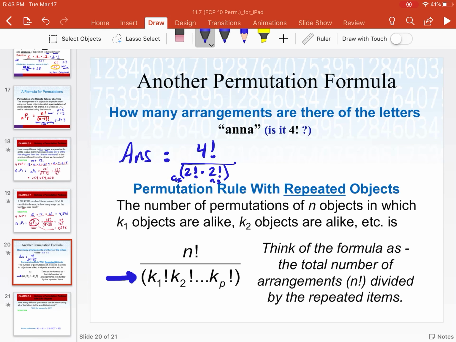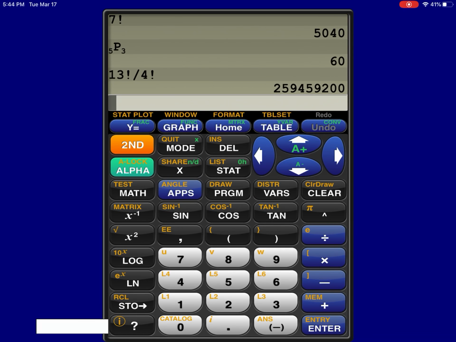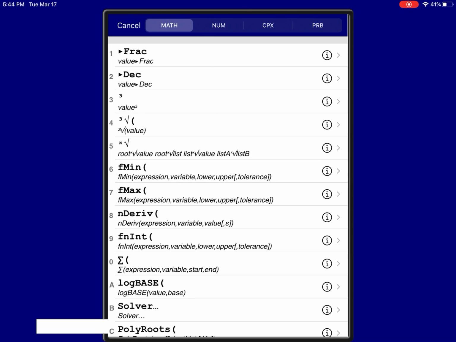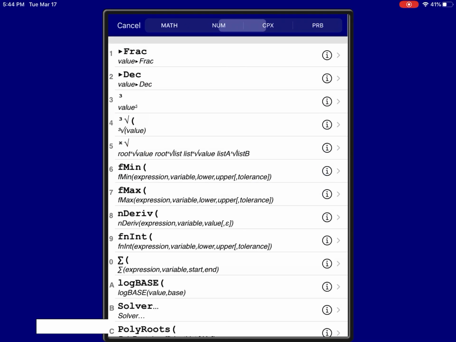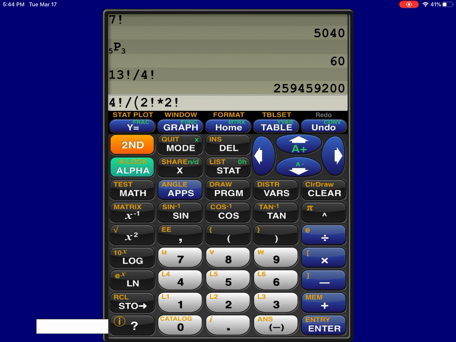Now, to make sure that your calculator does that correctly, put parentheses around the bottom. Okay, go ahead and try that and see if you can make your calculator do that. Okay, so if you kind of follow along with me, it would look something like this. So you'd go 4 math PRB, okay, divided by, and again, depending on the calculator, the parentheses might not be necessary, but you'll never get the wrong answer if you use parentheses at the appropriate place.